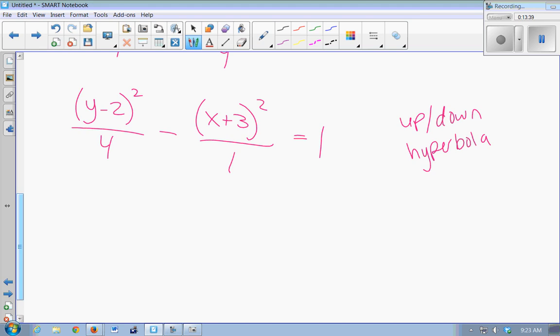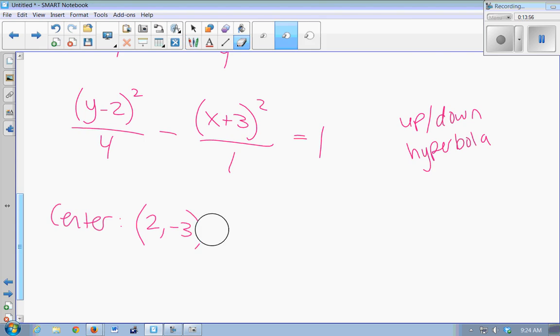So I know that its center is at 2, -3. Oh, you're absolutely right. Thank you. Yeah, the h coordinate always goes with the x.